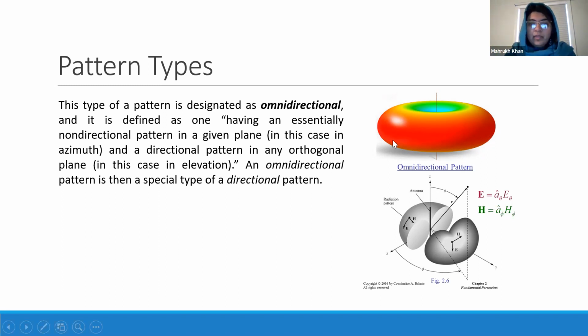So it's near to isotropic, but it's not isotropic. It's an omnidirectional pattern, a special type of directional pattern in which you are seeing that it is radiating in all directions in one plane, but not in the other plane, right? So it's not radiating here, but it's radiating here.